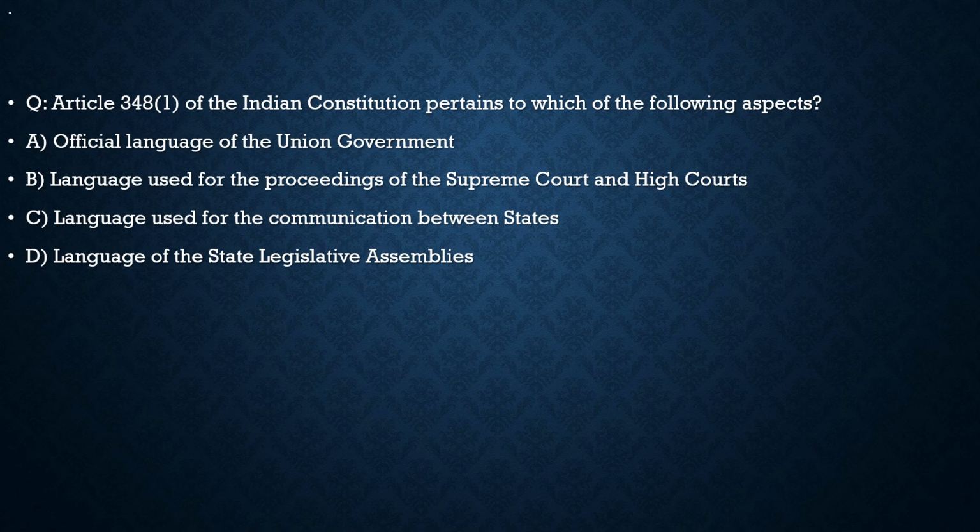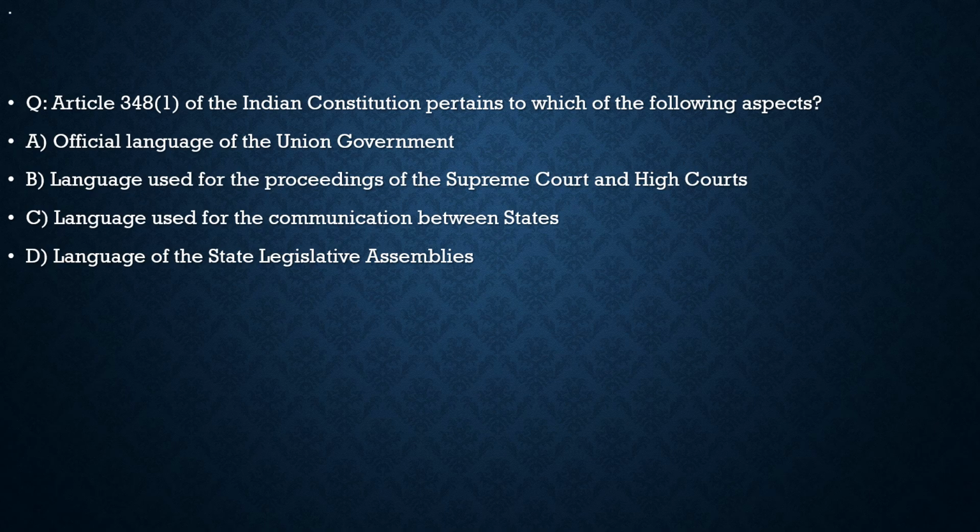For example, Rajasthan, Madhya Pradesh, Uttar Pradesh, and Bihar have chosen Hindi in their particular high courts. So with respect to Article 348(1), the correct option is option B, language used for the proceedings of the Supreme Court and the high courts. So with this, I hope you have understood this topic in detail. You have got the context behind this discussion, and you have understood the questions here.